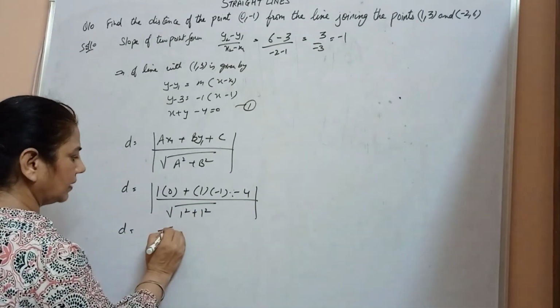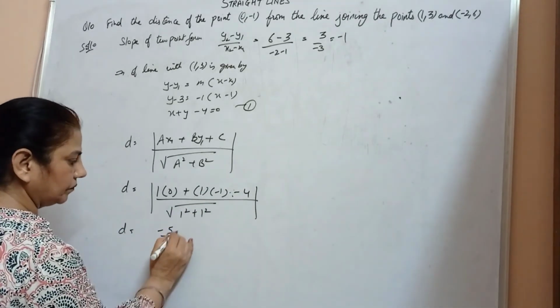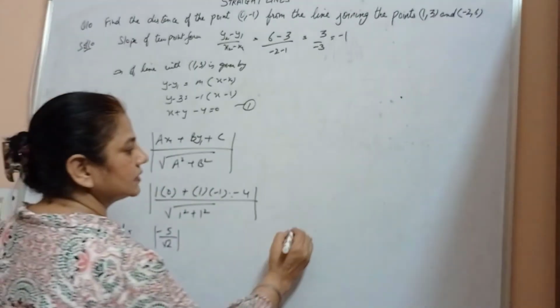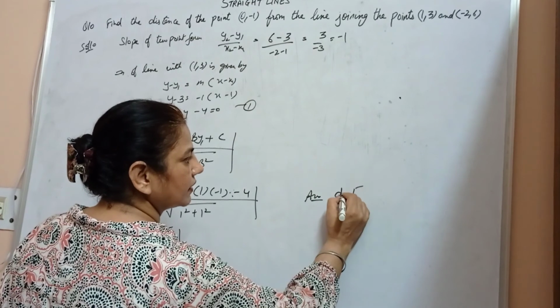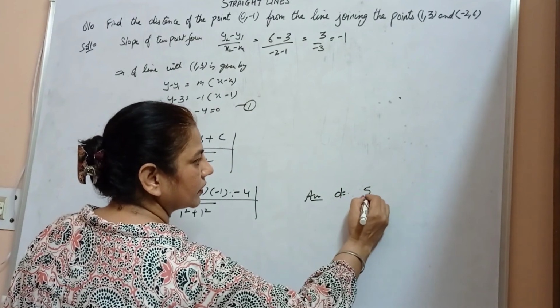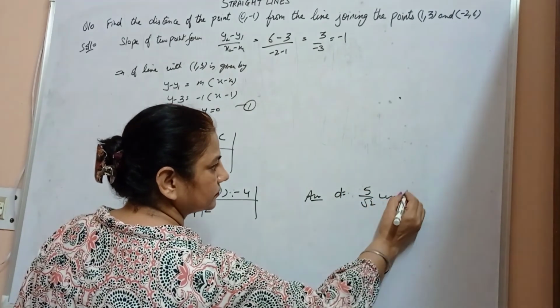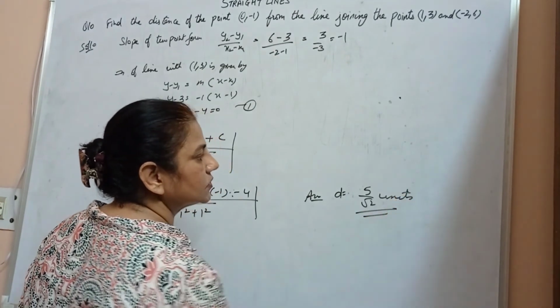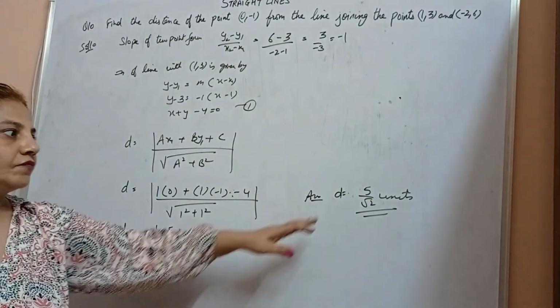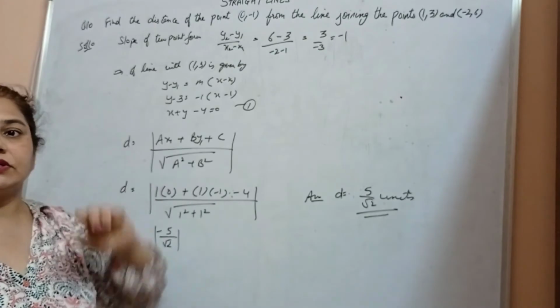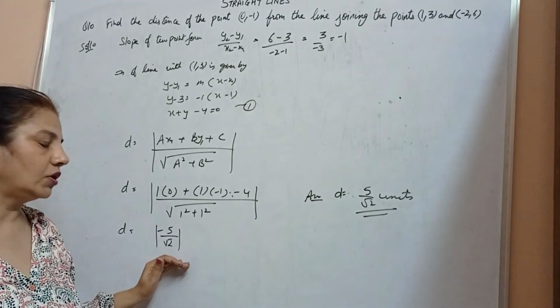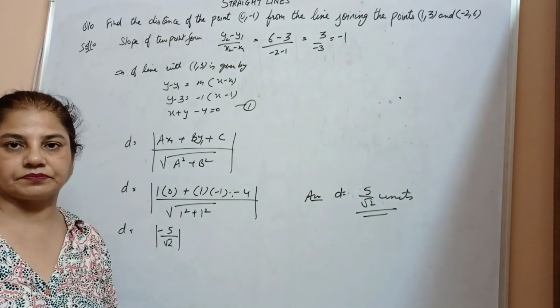On solving, we get minus 5 under root 2, modulus. So the distance of the line from the point 0, minus 1 is given as 5 under root 2 units.